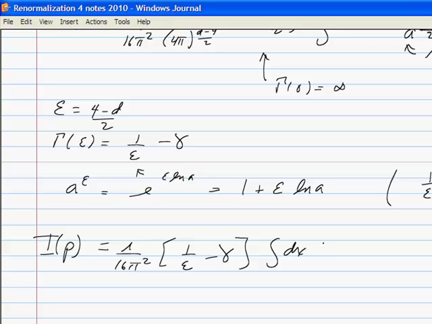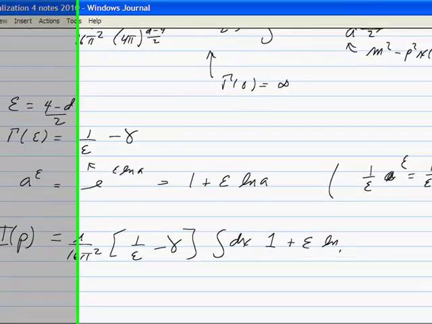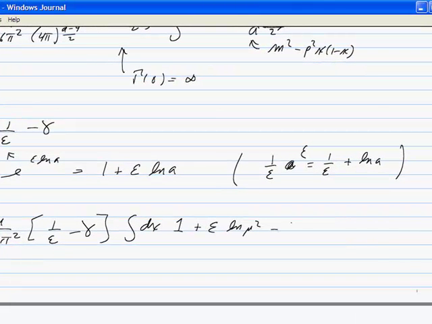I have 1 plus epsilon log mu squared minus epsilon log a minus epsilon log 4 pi.